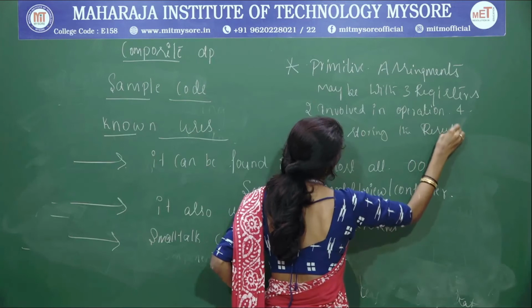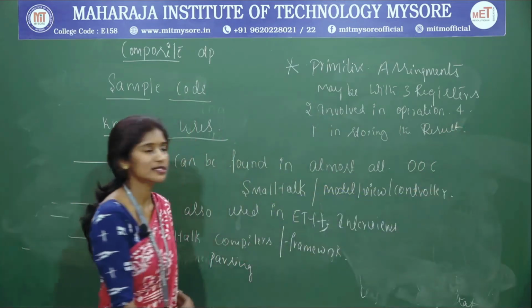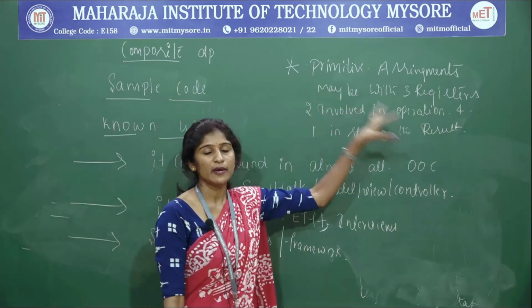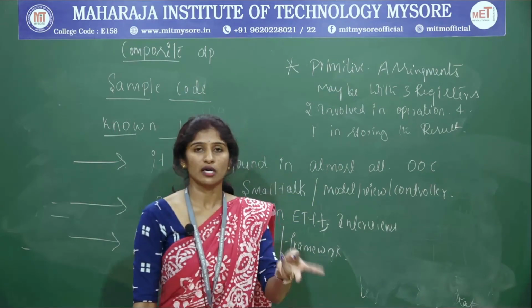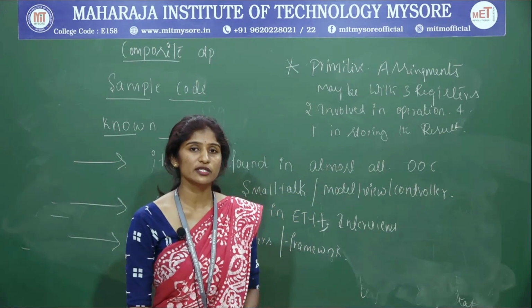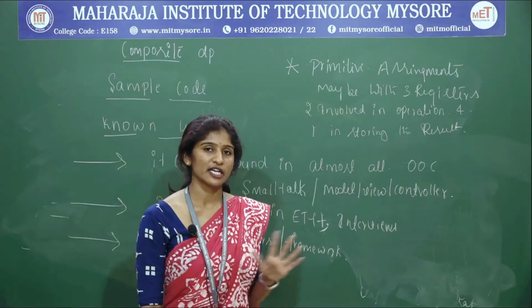So in primitive assignment operations, two registers are involved in the operation, and another register is assigned the result.